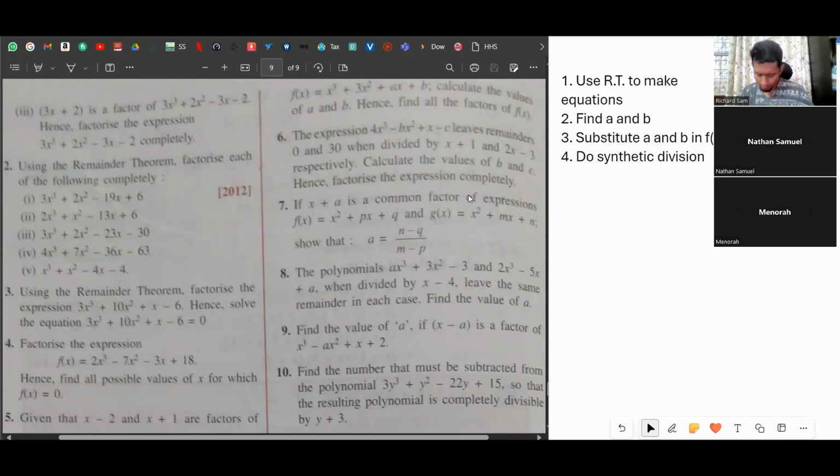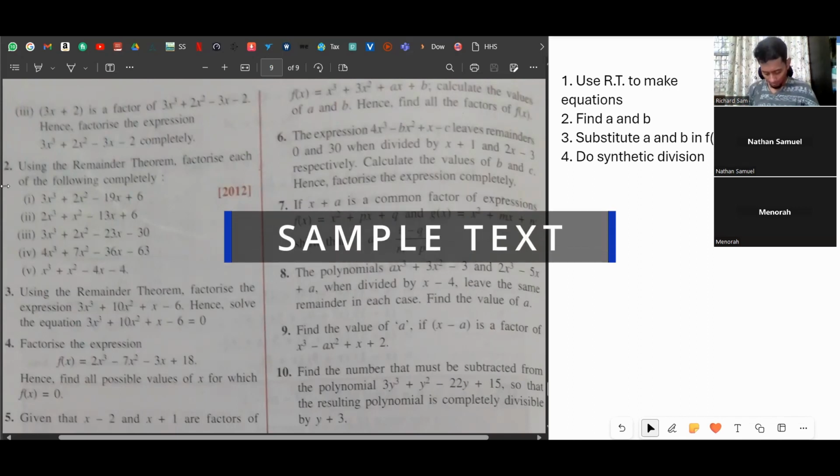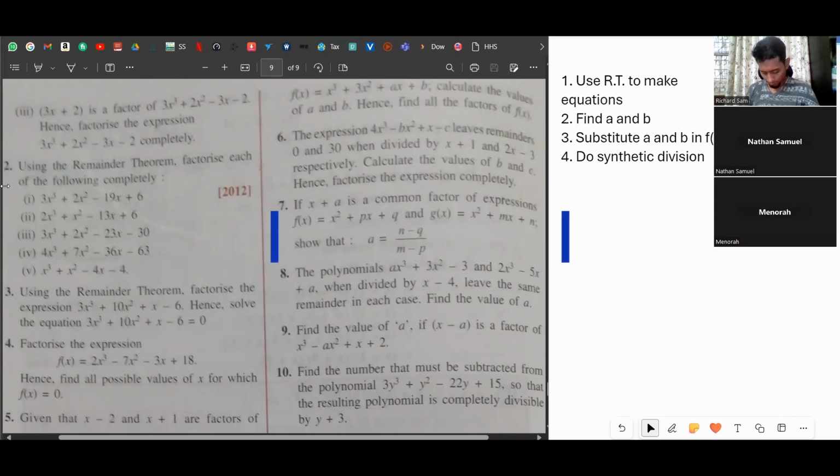This is minus 18. It's minus 6. You didn't even simultaneously solve them.